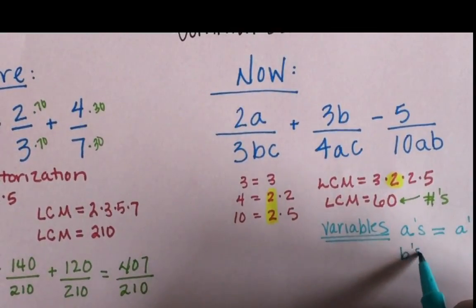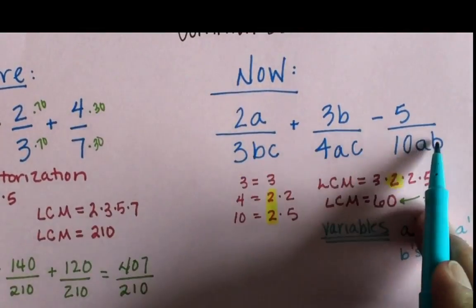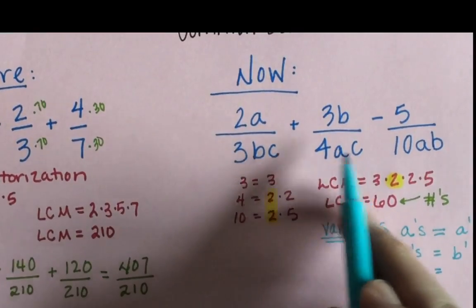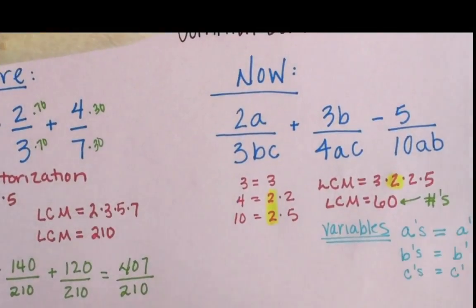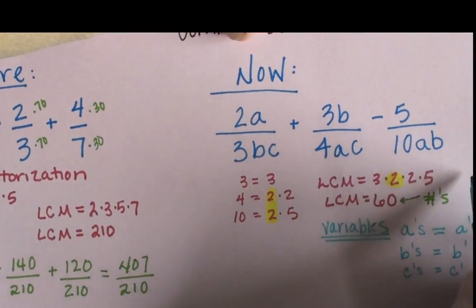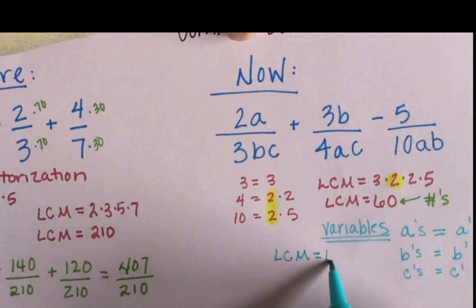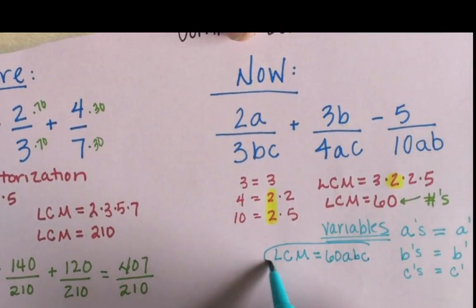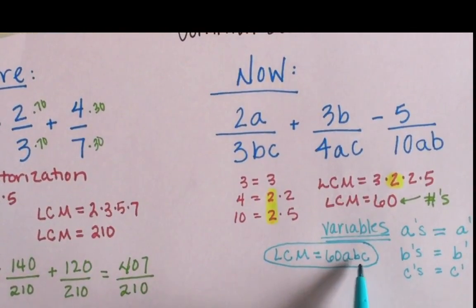Our B's, we only need B to the first because that's the highest power in the denominator. And our C's, we only need C to the first because that's the highest power. So through this whole thing, the total LCM is going to be 60ABC. So that means every one of my denominators, I have to get 60ABC.